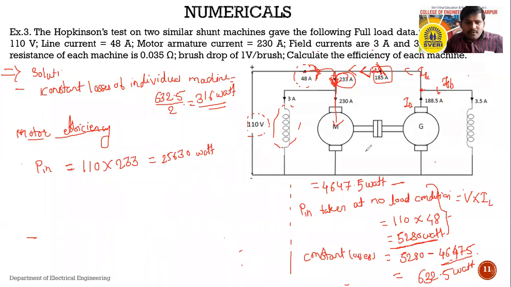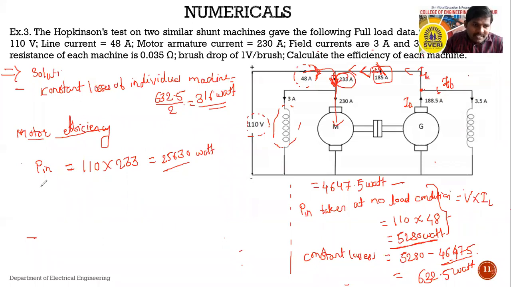Okay. 25630 watt input power आपण calculate केली. You people know the value of losses of motor as well as losses of generator. मोटरचे इंडिव्हिज्युअल लॉसेस, कॉन्स्टंट लॉसेस पण माहित आहेत. मोटरचे इंडिव्हिज्युअल कॉपर लॉसेस पण माहित आहेत. जनरेटरचे इंडिव्हिज्युअल कॉपर लॉसेस माहित आहेत. जनरेटरचे इंडिव्हिज्युअल कॉन्स्टंट लॉसेस माहित.